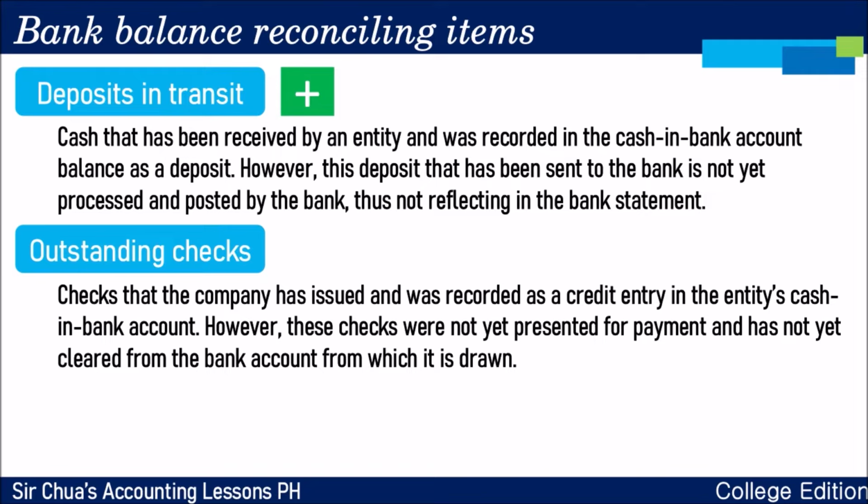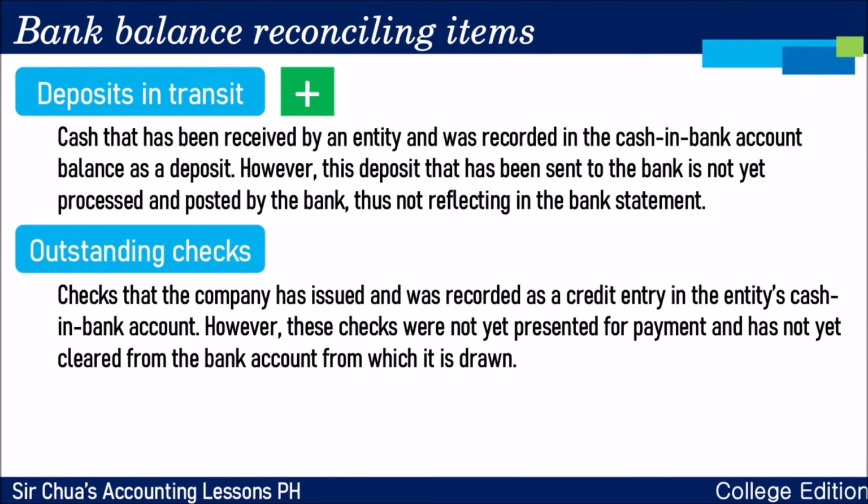The thing is, once the cheque is released, automatically in the company's books it is debit expenses or debit purchases, credit cash in bank, so your accounting records of cash in bank are already reduced. But the cheque you paid with may not yet have been cleared at the bank, or the check was not yet presented for payment.